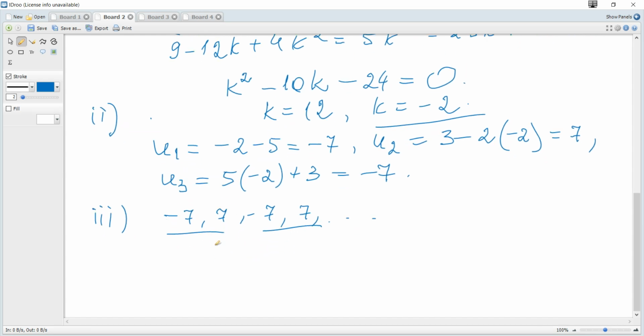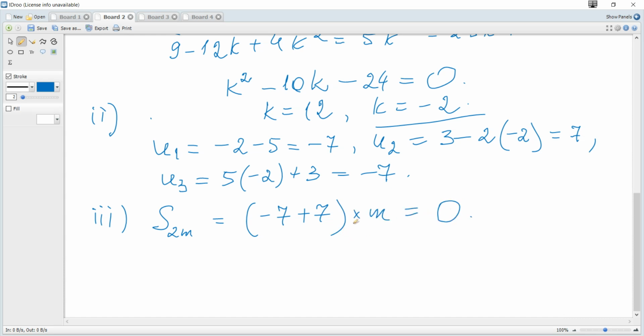The sum of an even number of terms, S2m, becomes (negative 7 plus 7) multiplied by m, and definitely it's 0.